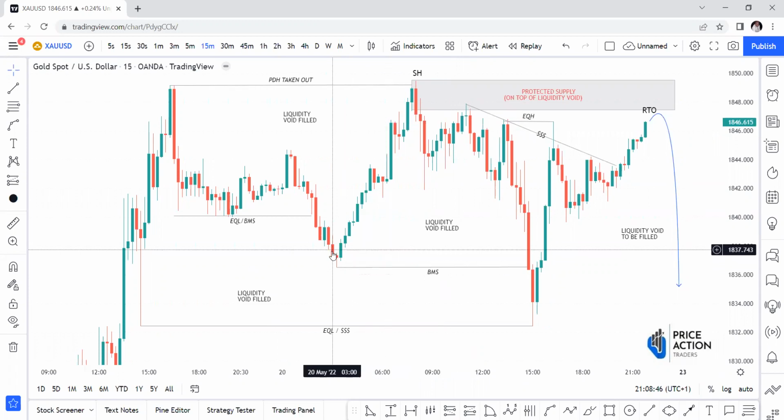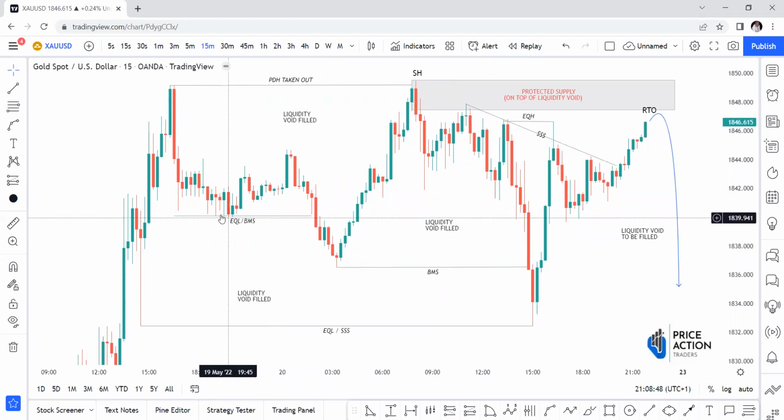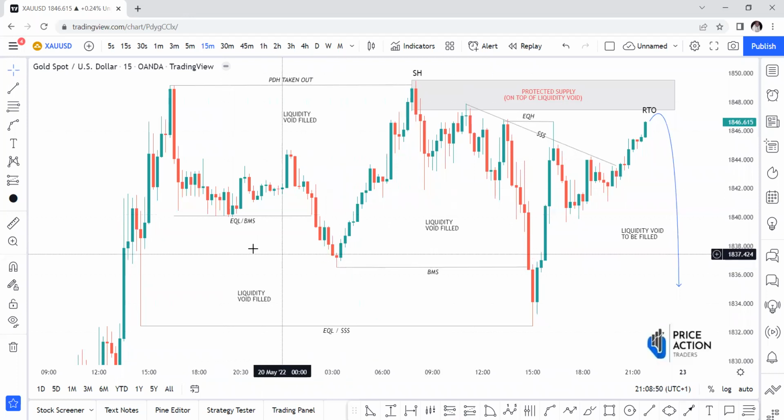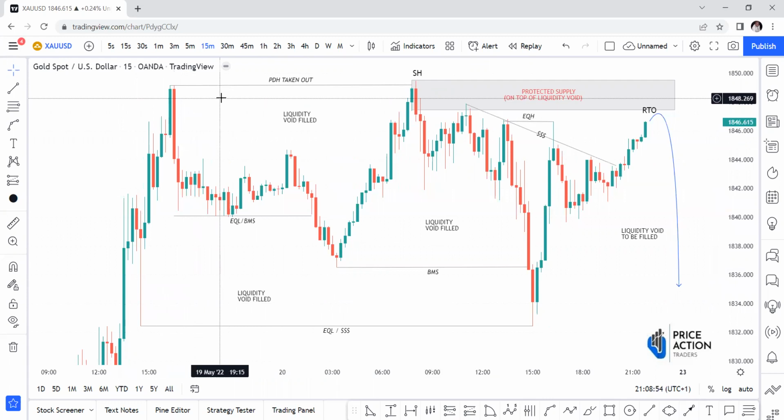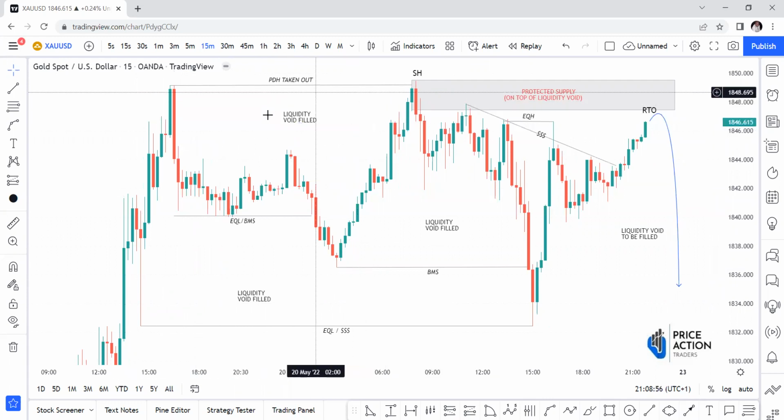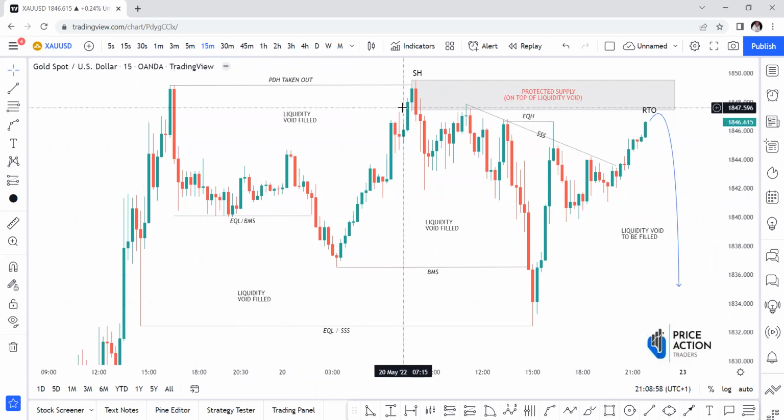Like for example, this place in the past, you see the gap left behind. Then now to this place was another liquidity gap that was filled upward.